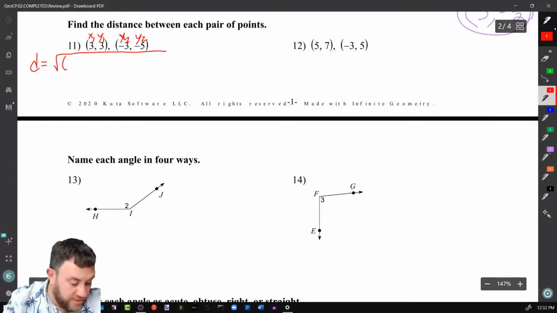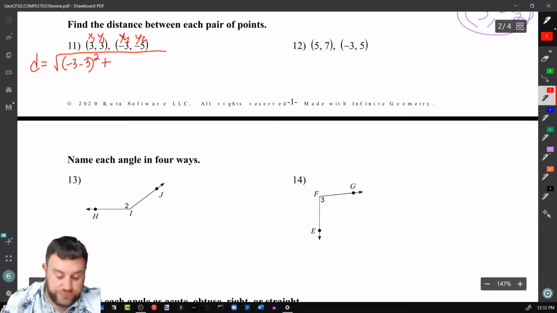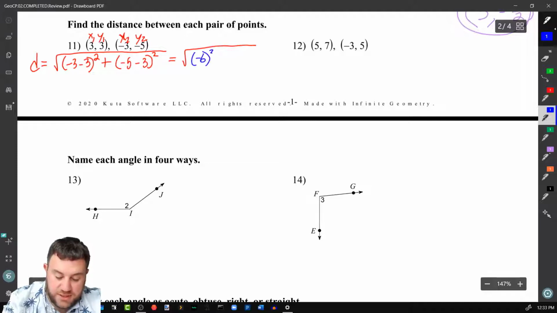So we'll have x2 minus x1, that's negative 3 minus 3, we'll square that, plus then y2 minus y1, we'll square that. Negative 3 minus 3, that's going to give us negative 6. Then negative 5 minus 3 is going to give us negative 8.